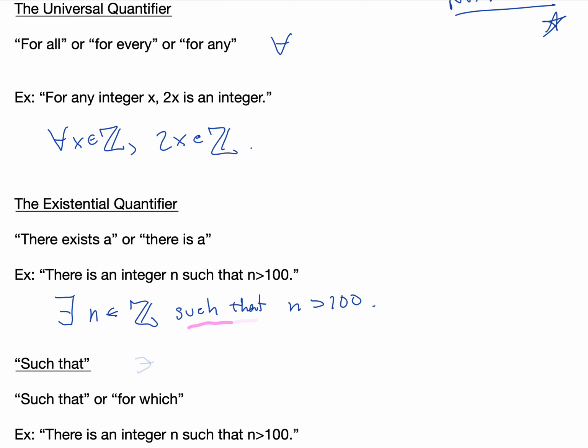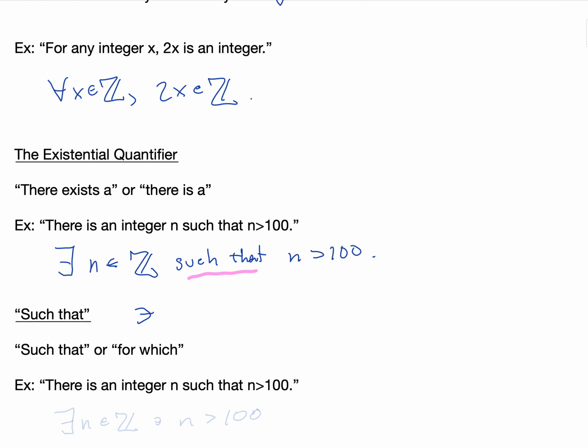So here we have that phrase such that, and this phrase is written as a backwards is an element of sign. So it means such that or for which, and it's a very common mathematical phrase. So for example, there is an integer n such that n is greater than 100. We could write that sentence as there exists an n in the integers such that n is greater than 100.